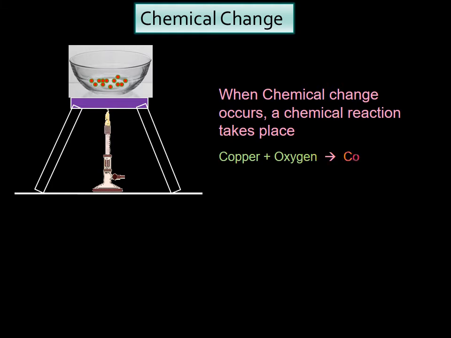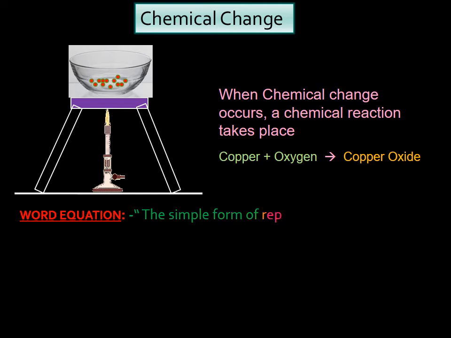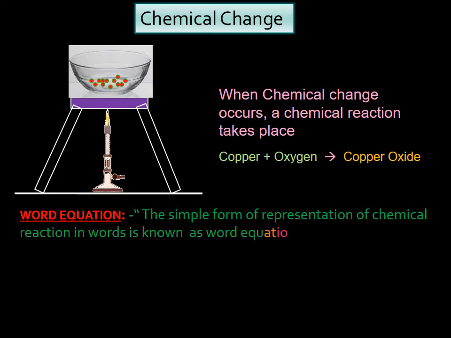Let's learn with the help of a reaction between copper and oxygen. When copper and oxygen react with each other, copper oxide is formed. This reaction is written in two formats, that is word equation and chemical equation.